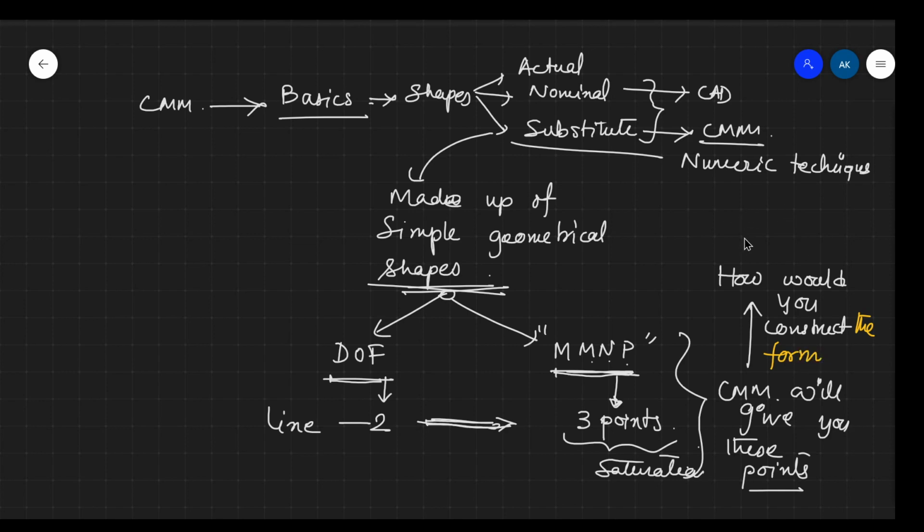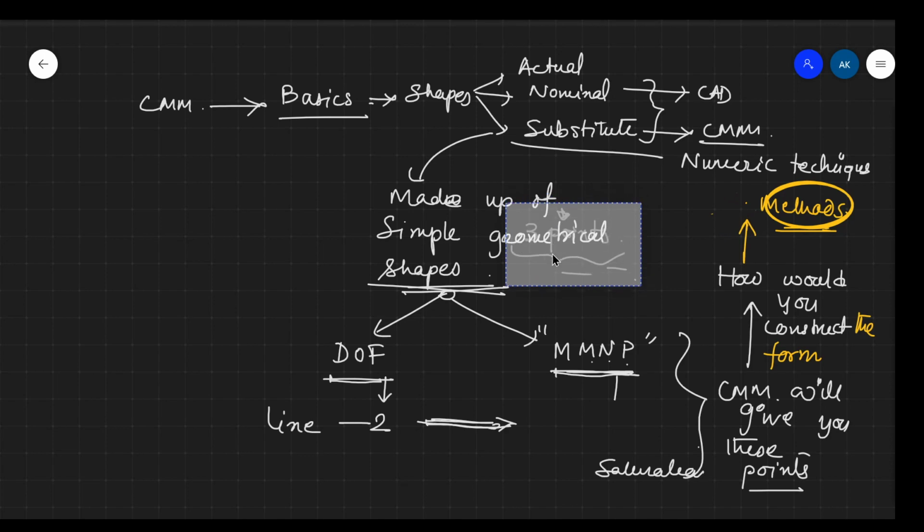So for this, there are some methods, and we will be talking about these methods today. Fine, so we will continue from here, these methods.